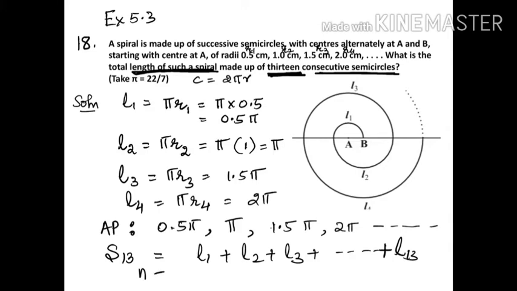So n is equal to 13, a is equal to 0.5 pi, that is the first term, and the common difference is pi minus 0.5 pi, which is equal to 0.5 pi. Using this data, we can find the sum of the lengths of 13 semicircles.